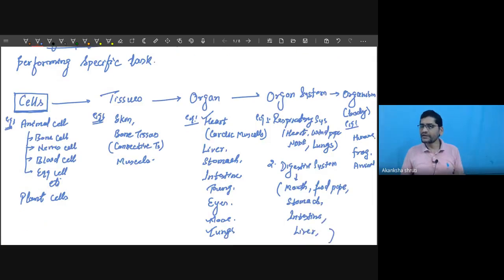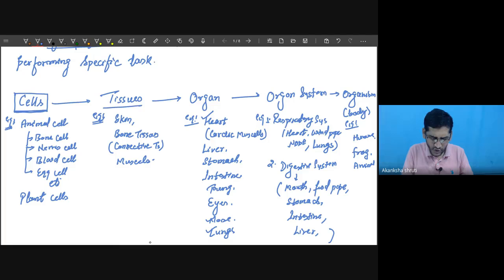The cell is doing a specific task to keep the organism alive. A certain group of cells combines together to form a special collection of cells called tissues.